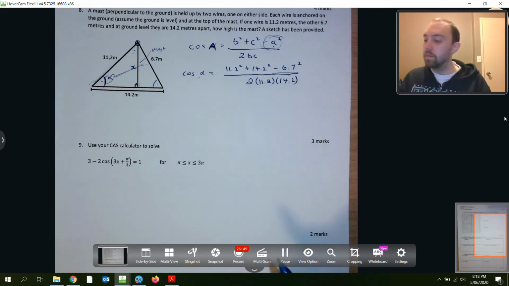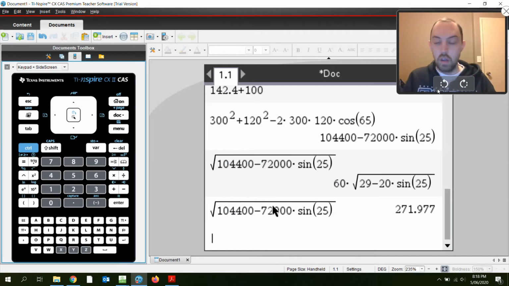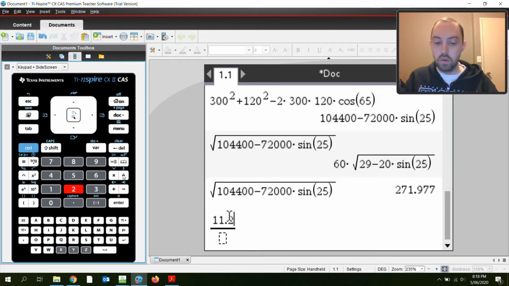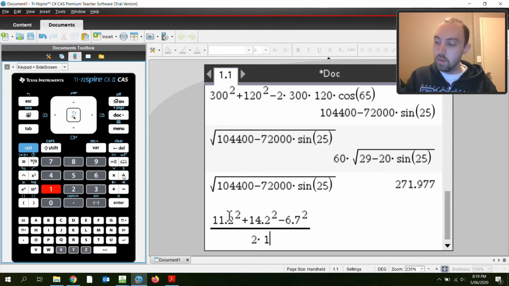Okay, so I am doing, start a fraction here, 11.2 squared plus 14.2 squared, take 6.7 squared, and then 2 times 11.2 times 14.2.